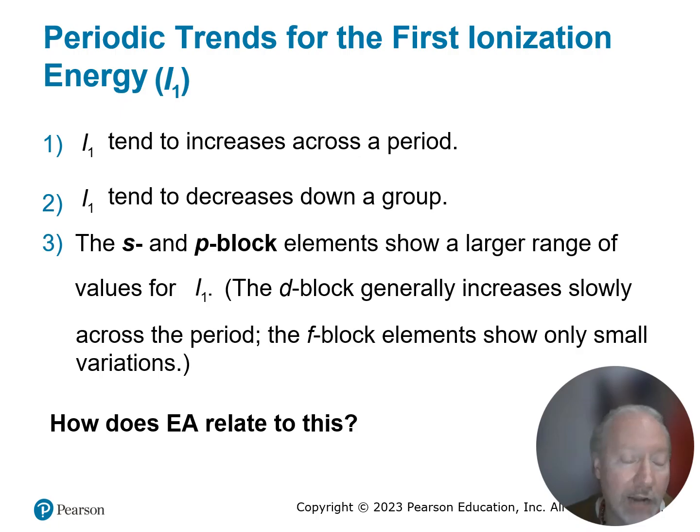Electron affinity increases as we go across a period, but in a more negative number, where ionization energy increases across the period and it takes more energy and is more endothermic when we talk about ionization energy, IE.